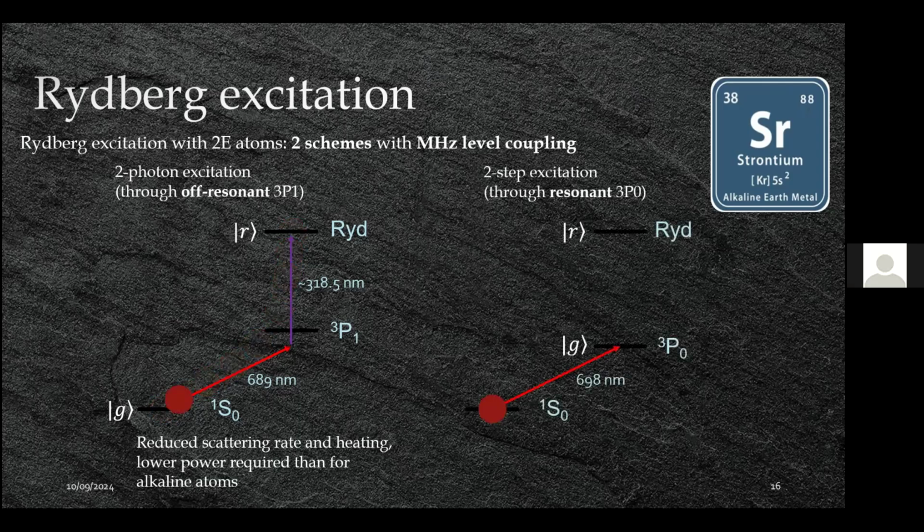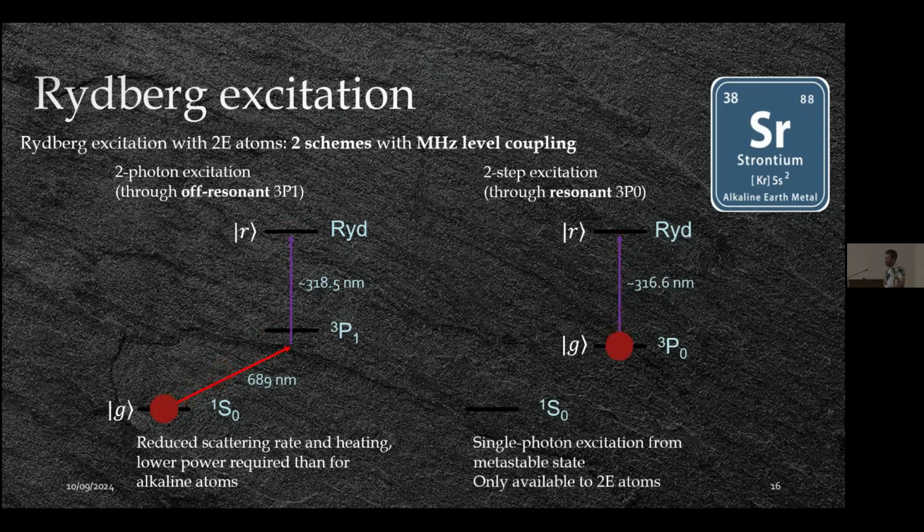The other one is kind of simple from some point of view, but the point is it's a two-step excitation. That means that I have to bring my atom to the clock state, and afterwards I'm going to excite it to Rydberg state. On one hand, this is preferable because after I have all my atoms in the clock state, it's going to be super consistent, and the excitation to Rydberg is going to be way quicker.